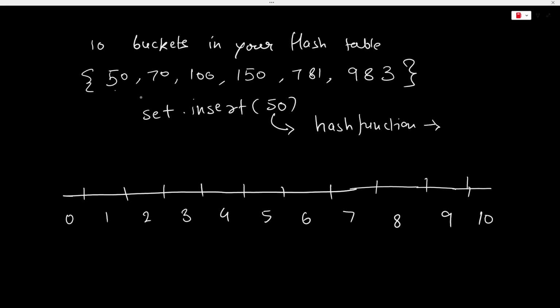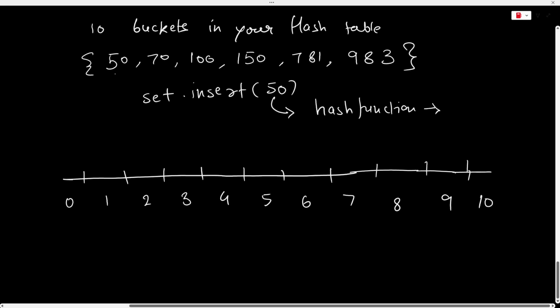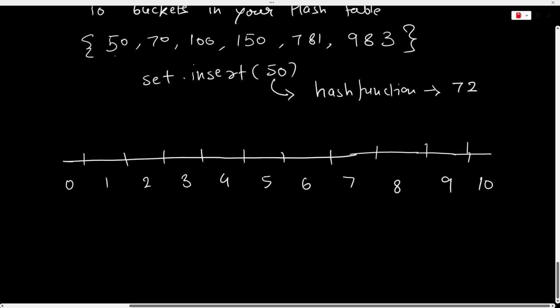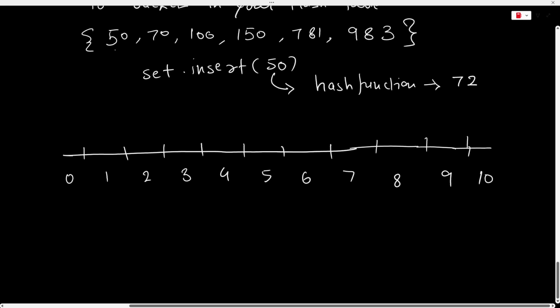For example, let's say 50 gives you 72, and then this 72 will be mapped to a bucket index. A simple modulo operation happens over here. So we have 72 mod 10, which is 2.